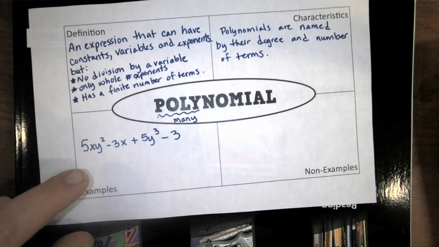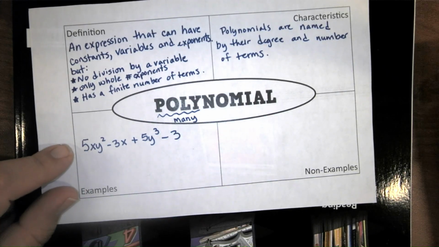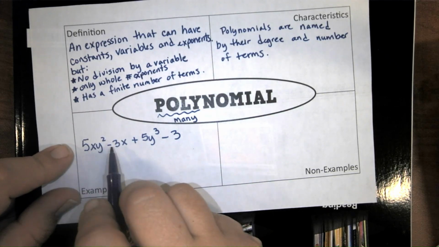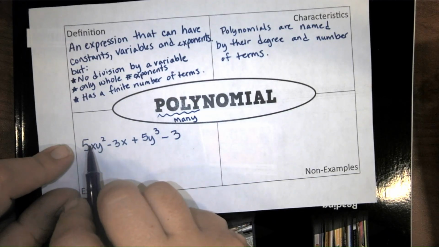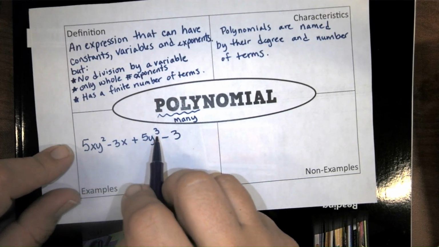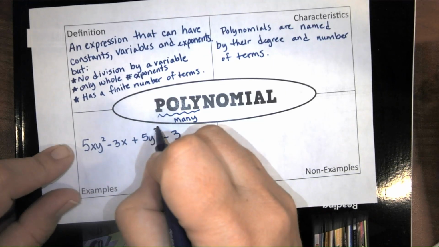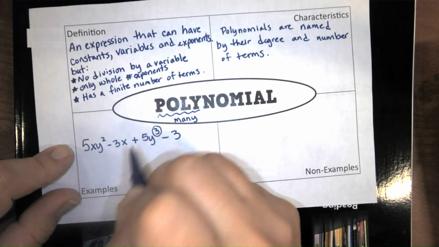So if we look at this polynomial we have down here under example, the degree stands for the highest exponent that we see. So we're looking through each term. This one has an exponent of 2 and 1. This one has 1. This one has 3. This one has none. So this 3 to the third power is going to be the highest exponent.